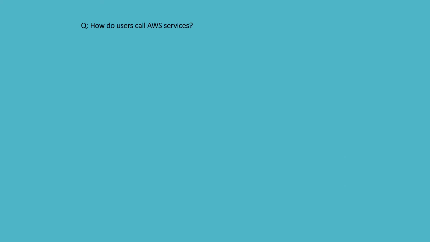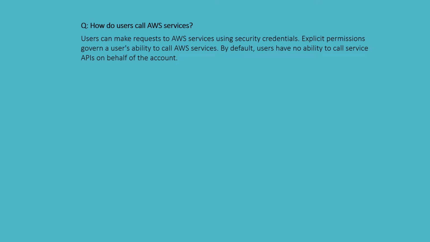How do users call AWS services? Users can make requests to AWS services using security credentials. Explicit policy permissions govern a user's ability to call AWS services. By default, users have no ability to call service APIs on behalf of the account.